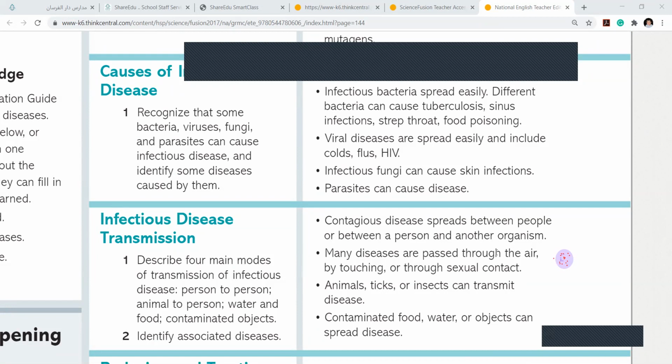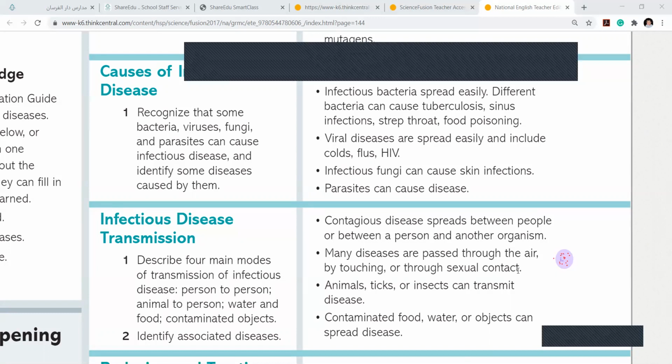Avoid going outside. It can go through air because when somebody speaks without a mask, the particles move very fast from your mouth. They come out very fast, small particles which someone cannot see. Though you are not standing that far, maybe just one hand distance, the particles can come and cause corona, cause infection to you. So by touching, through sexual contact, through air, and next, animal to person.